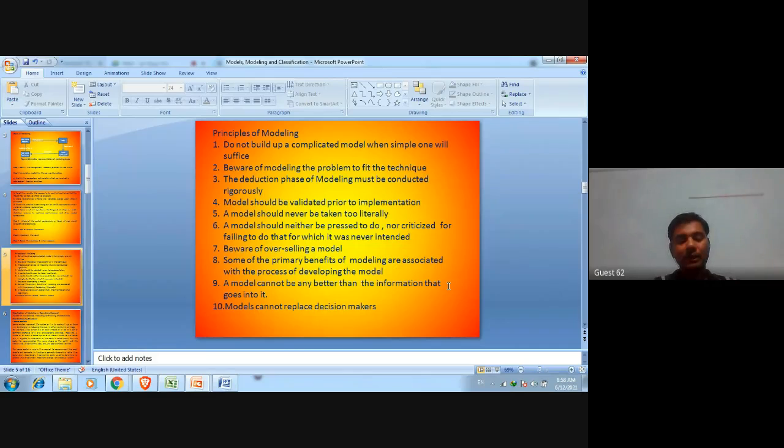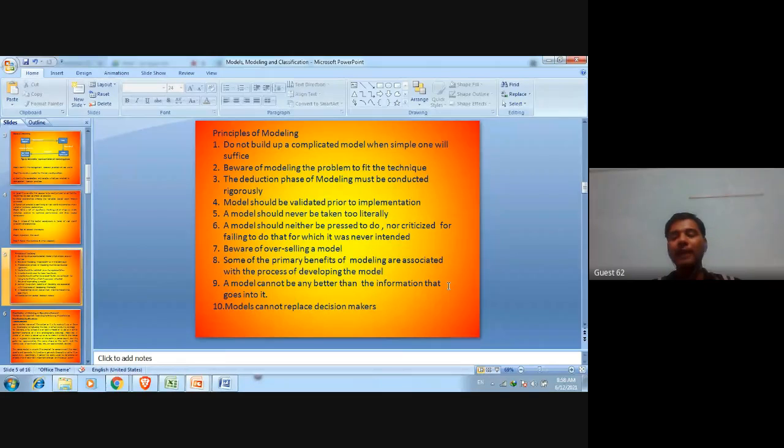Just like a computer program, a model can only manipulate the data provided to it. It cannot recognize and correct for deficiencies in input. If you are trying to solve the problem using computers and you give a wrong command, then the computer gives you a result according to your commands. Models may condense data or convert it to more useful forms.